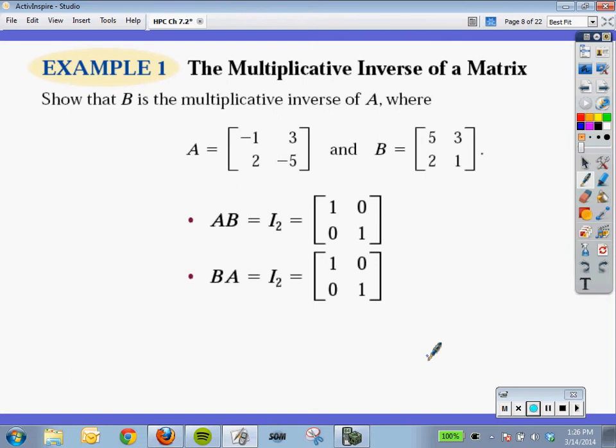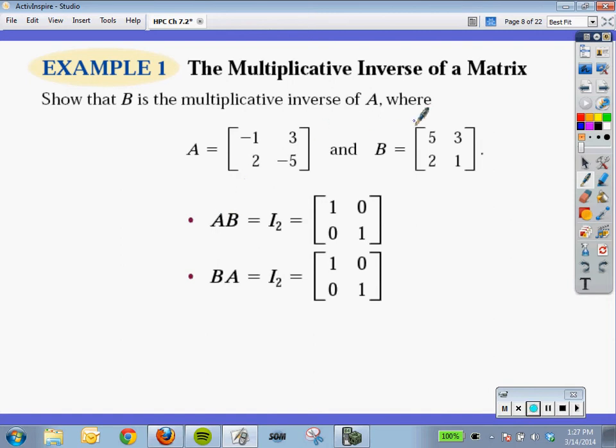No, don't copy this down. All right? We're going to work on an example together in just a second. Okay? So, example 1 says that we want to show that b is the multiplicative inverse of a, where a is equal to this matrix and b is equal to this matrix here. We have a times b.